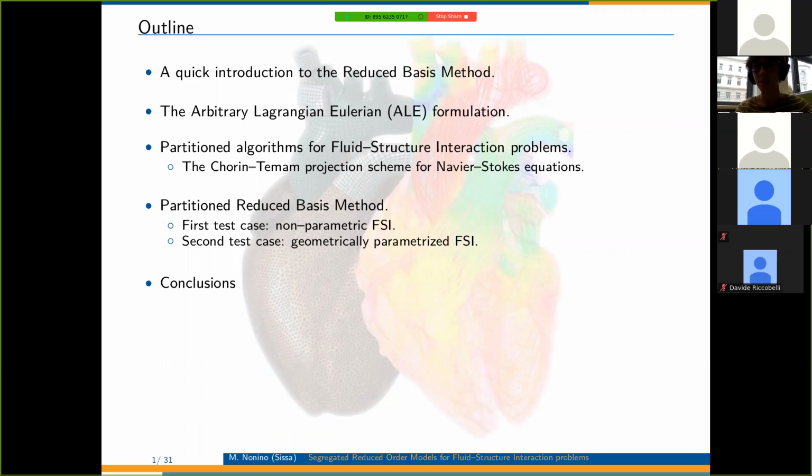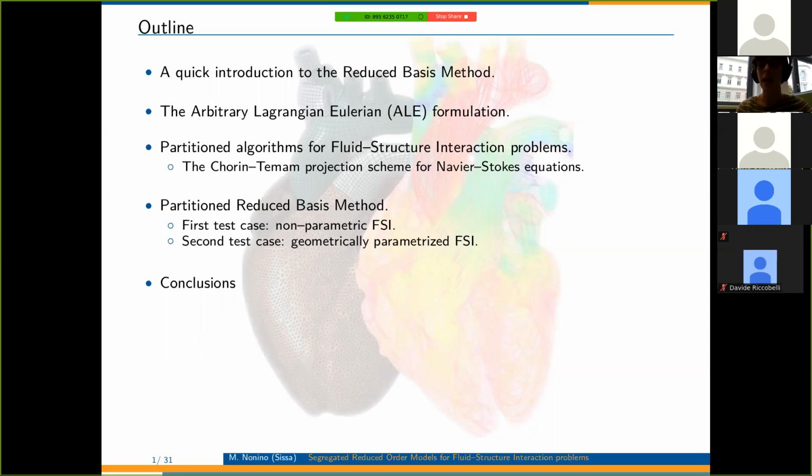Then I will show you a formalism which is widely used in the framework of fluid structure interaction problems, which is the arbitrary Lagrangian Eulerian formulation.